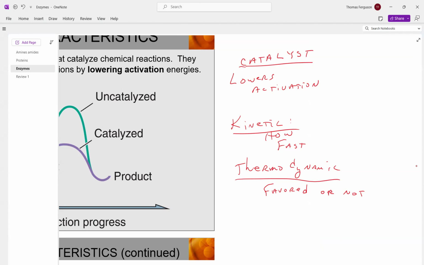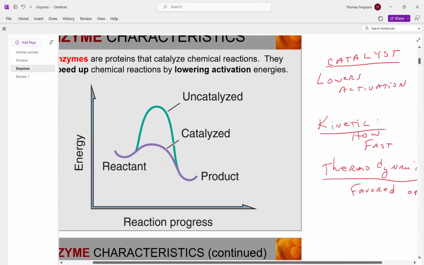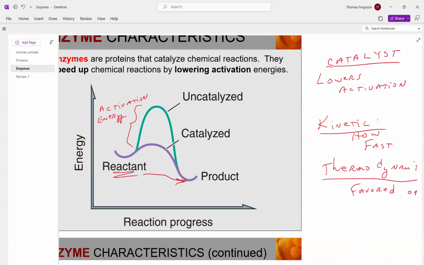In other words, is the product stable or not? That's thermodynamics. Secondly, kinetics. Does the reaction speed come into play? So a catalyst is going to affect the kinetic part of that reaction. So that hump there, when we go from reactants to product, is the deal breaker.